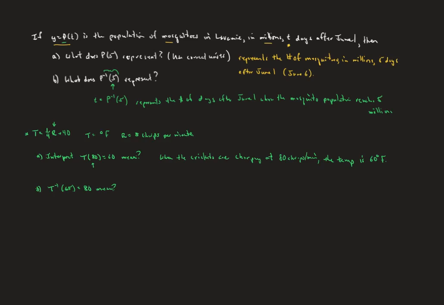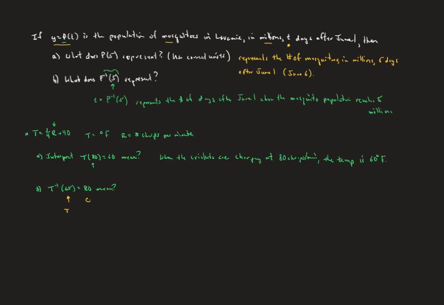Now, when we talk about the inverse, this is not chirps per minute, that's going to be the temperature, and what this is equal to is going to be the chirps per minute.